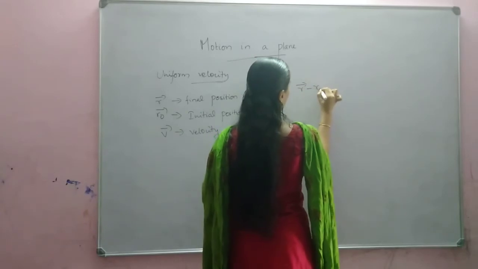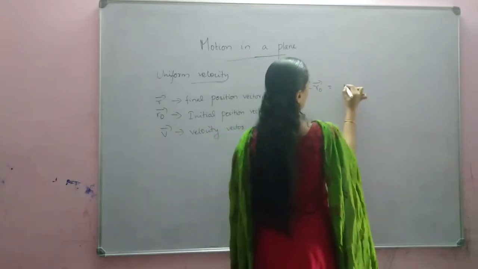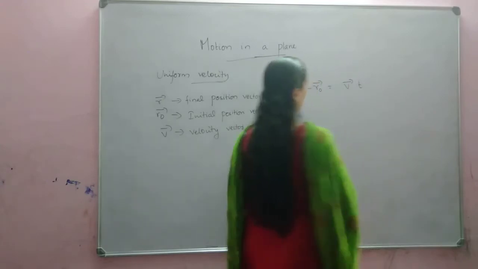We can write r minus r0 vector is equal to v into time.